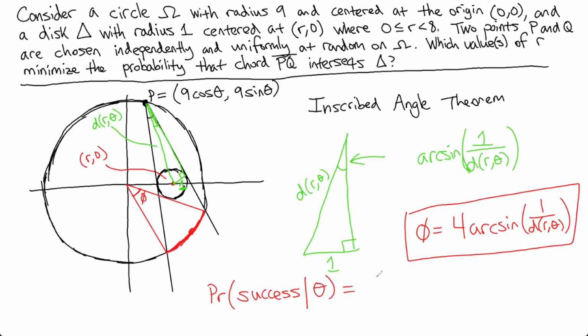This probability, we said before, was phi out of 2 pi, and so it is simplifying this quantity.